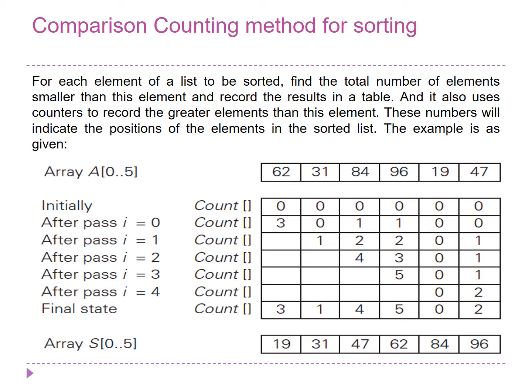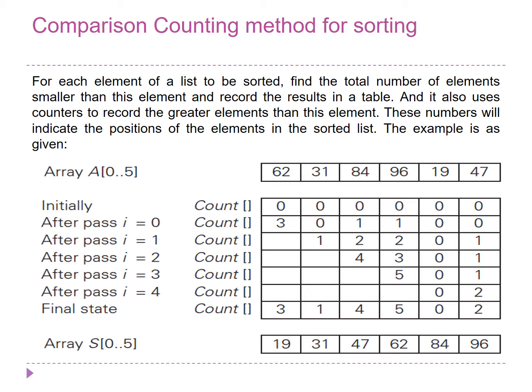For example, at the first iteration, the first element in the input array is considered, which is 62. The corresponding index position value in the count array at the first iteration will hold the value 3, considering the number of elements that are less than 62 in the array.